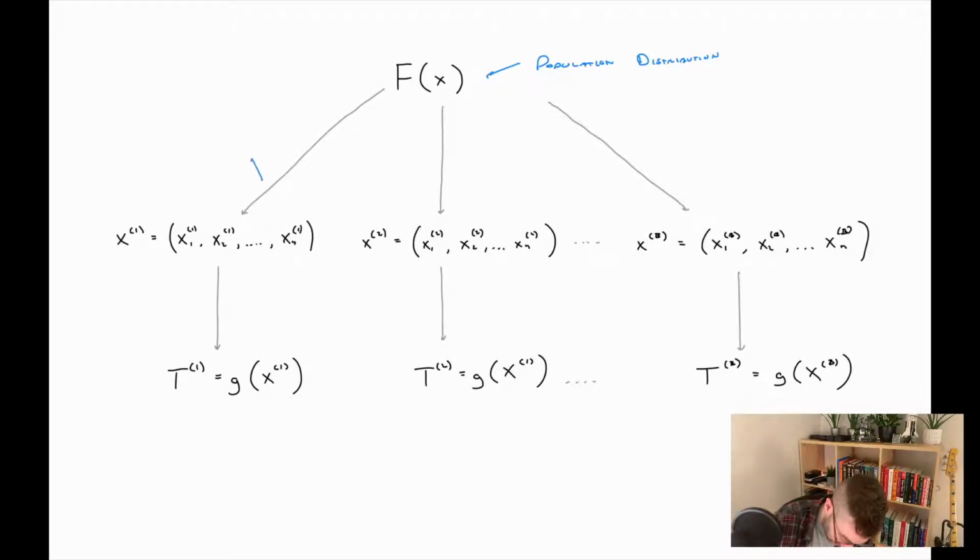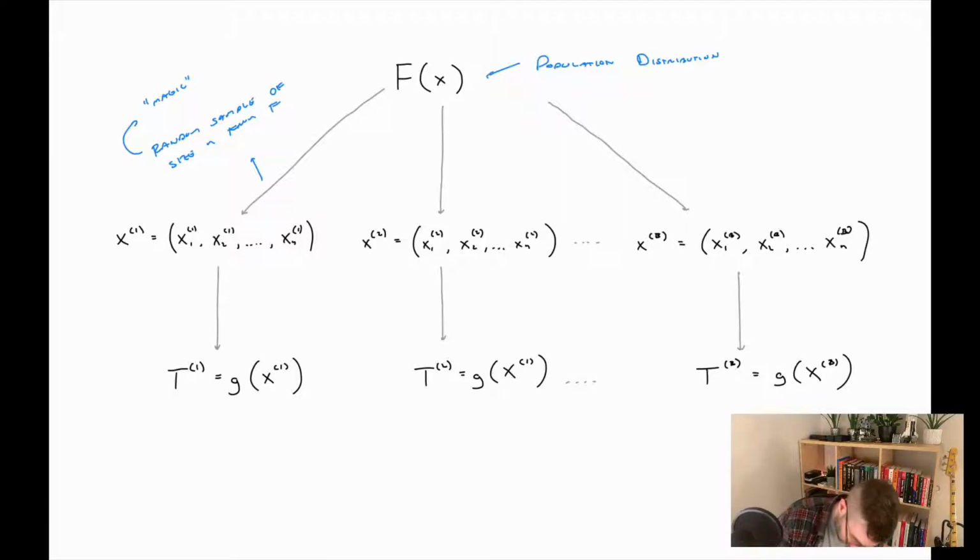We take a random sample of size n from f. And again, remember, this is quote unquote magic, and it's kind of the secret sauce that makes this work, but we can do it.